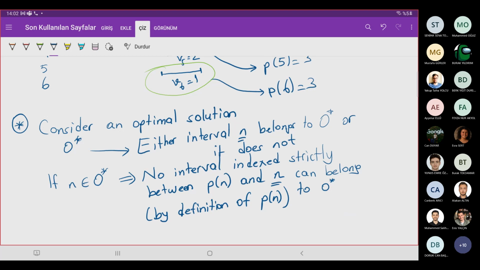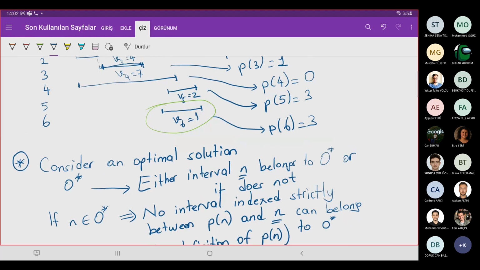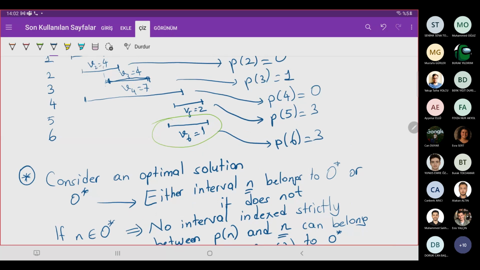No interval indexed strictly between those. Why? For example, if this interval 6 is in the solution, then P6 is 3, right? So it's this one. The ones between 3 and 6, which are 4 and 5, by definition of Pn, have to intersect with 6.